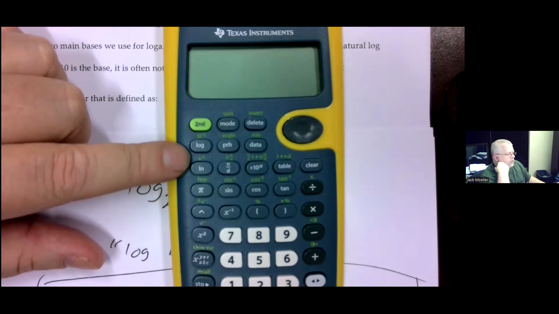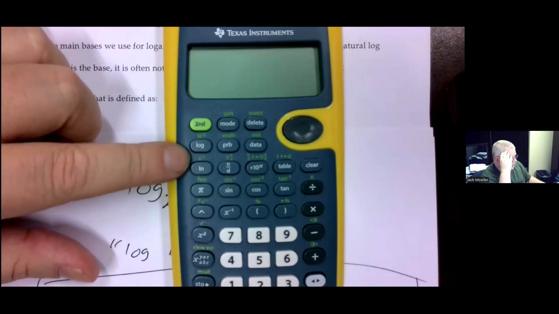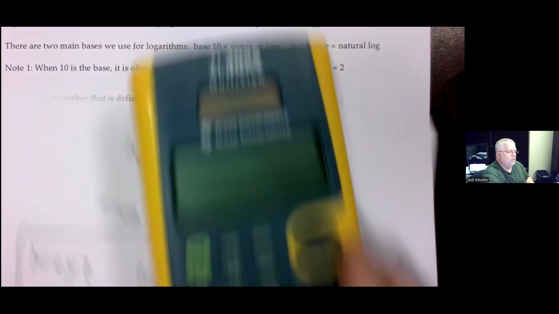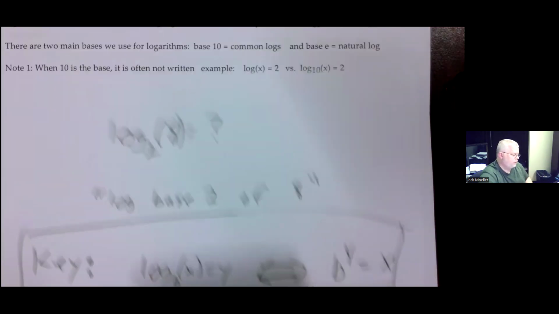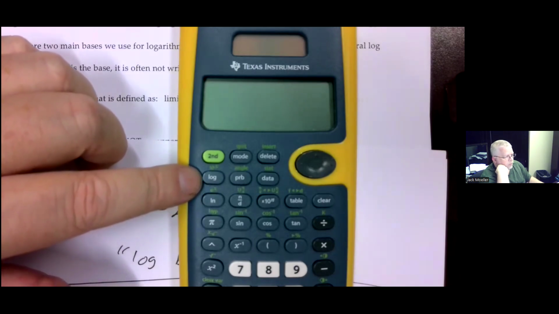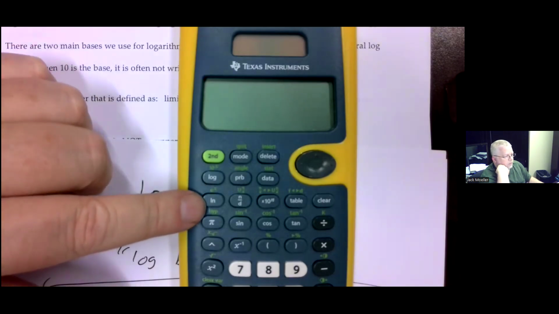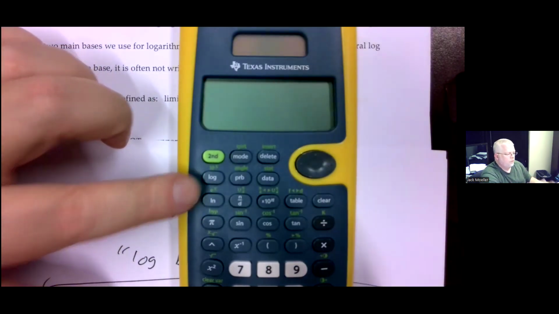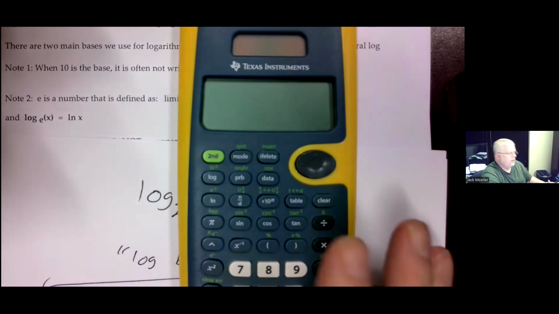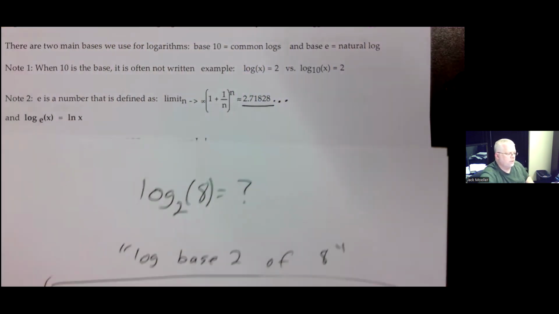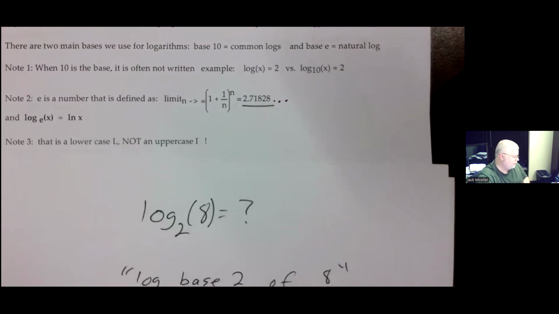There is something called a change of base formula we'll deal with in 6.5. But we're focusing more on being able to use this conversion rather than doing it in the calculator. So what little calculator work we will do will be with either base 10 or natural. Those are the two main bases used in math outside of these couple of sections where we're just learning what a log is.